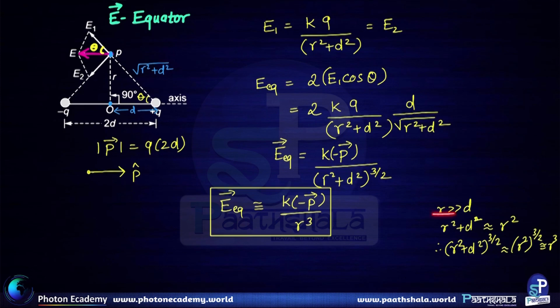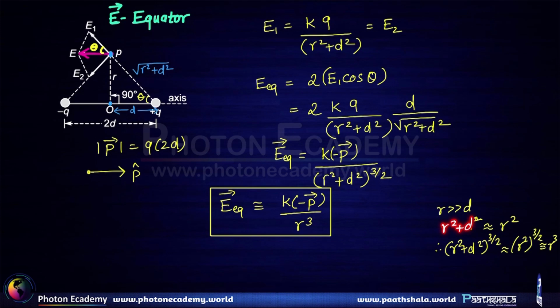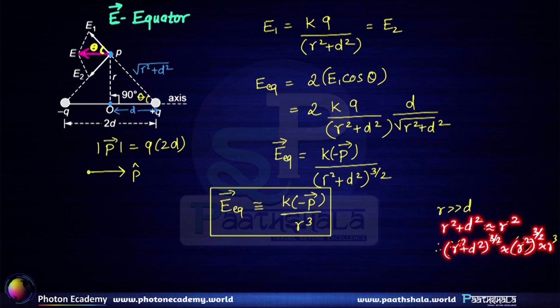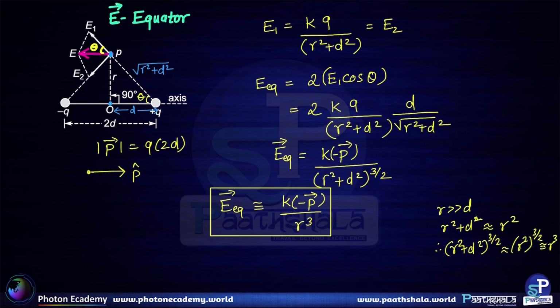Because for the approximation r greater than d, r square plus d square is approximately equal to r square, and thus r square plus d square raised to 3 by 2 is approximately equal to r square raised to 3 by 2, which is r cube. And thus, this being the exact expression, the approximate expression, valid where r is greater than d, is k into minus p divided by r cube for the electric field on the equator.